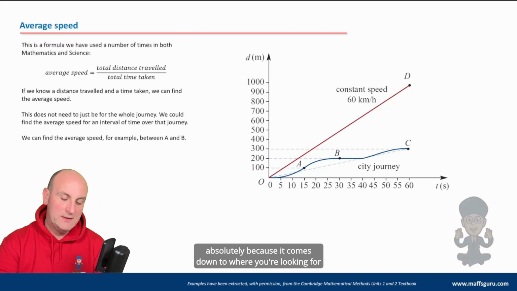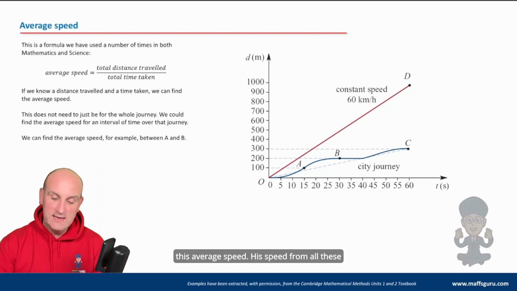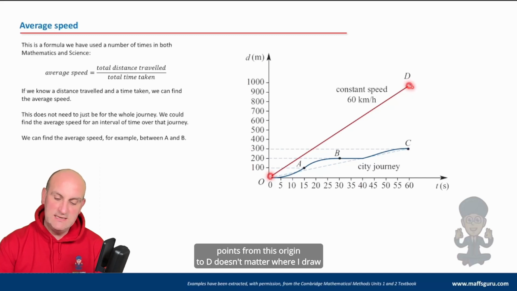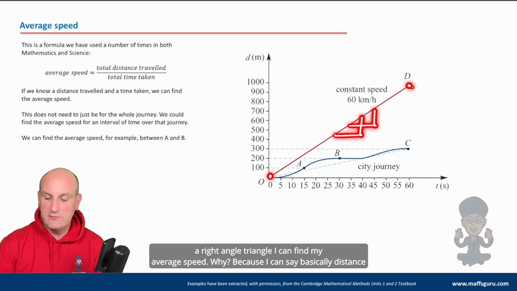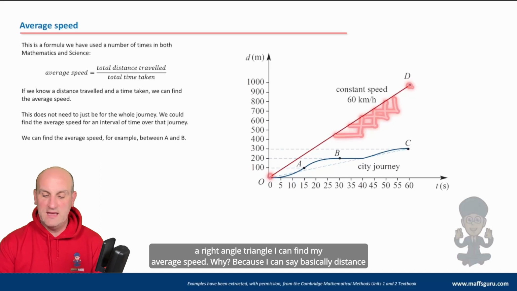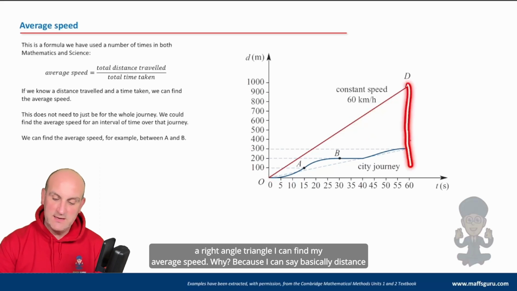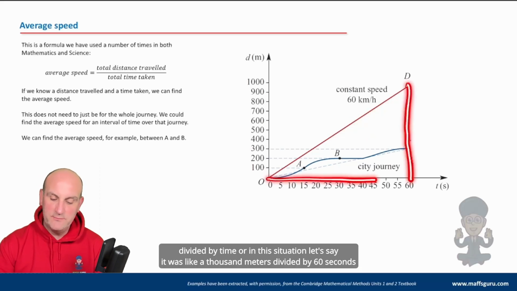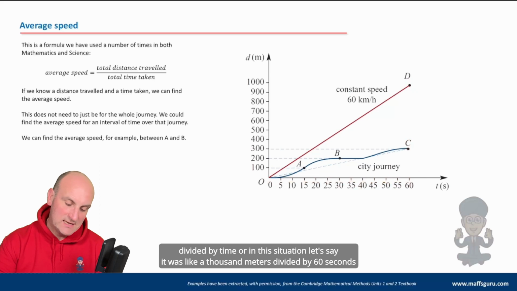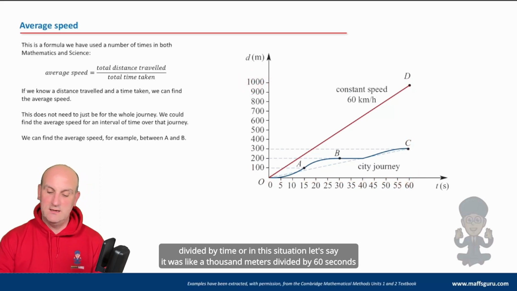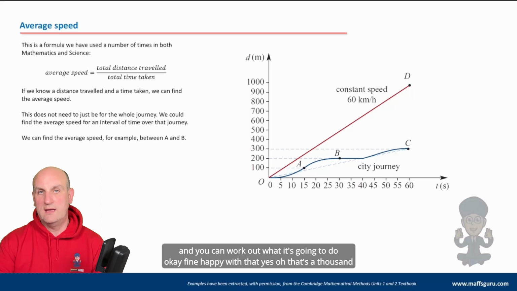Well, absolutely, because it comes down to where you're looking for this average speed. From the origin to D, it doesn't matter where I draw a right angle triangle, I can find my average speed. Why? Because I can say basically distance divided by time. In this situation, let's say it was 1,000 meters divided by 60 seconds, and you can work out what it's going to do.